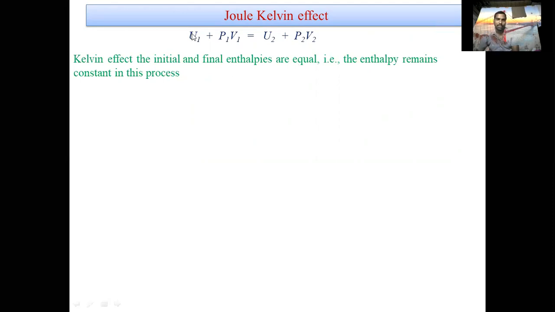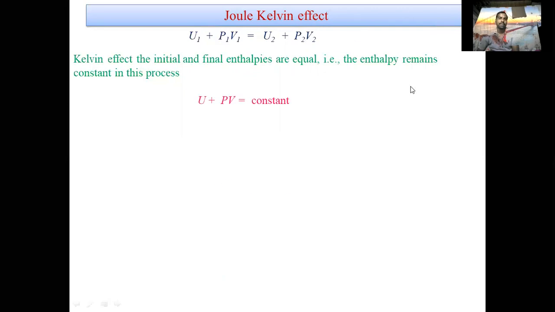U1 plus P1 V1 is equal to U2 plus P2 V2, equal to constant. Now U plus PV means the H value, so H is equal to constant, which means throughout this process the enthalpy remains constant.